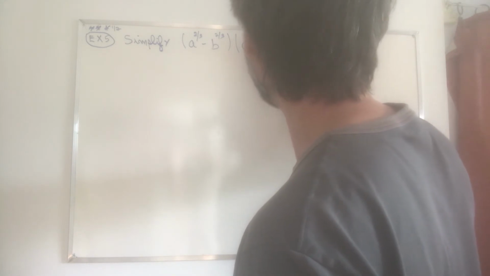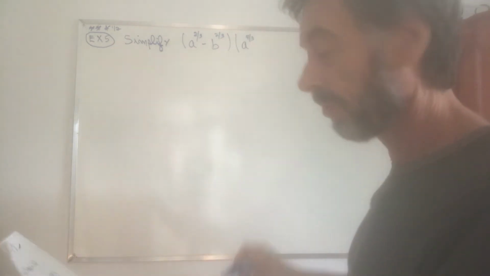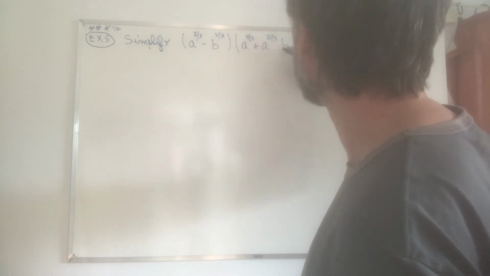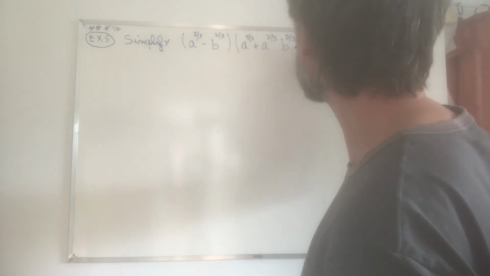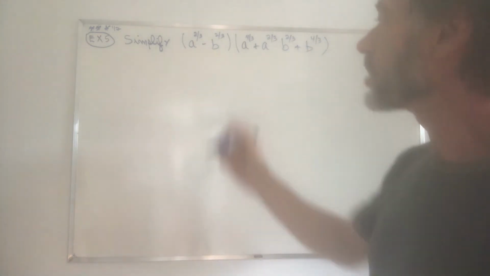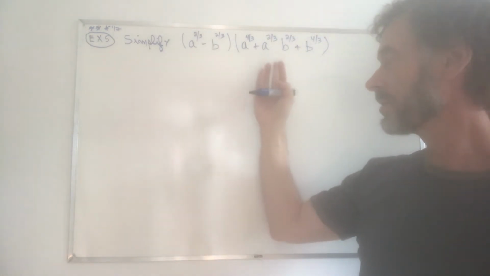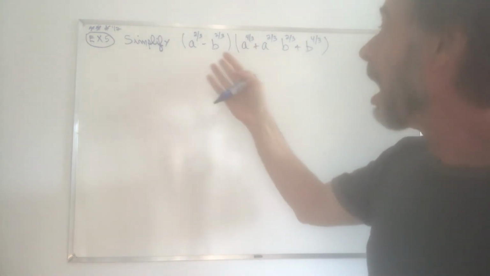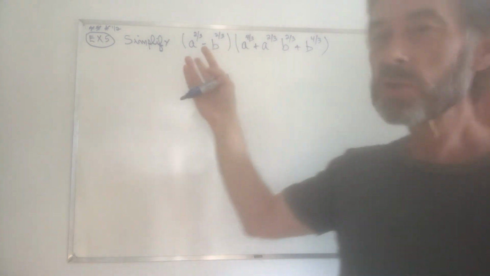Multiplied by a to the 4/3 plus a to the 2/3 b to the 2/3 plus b to the 4/3. So we've done a binomial times a trinomial, so we know how.